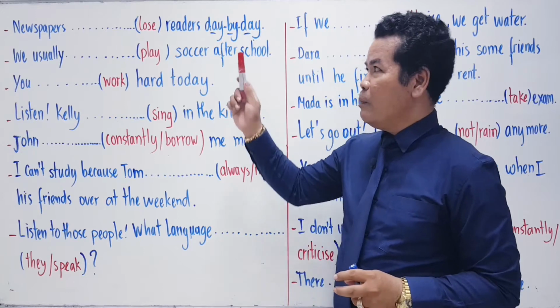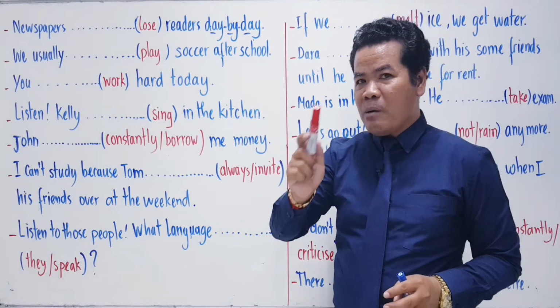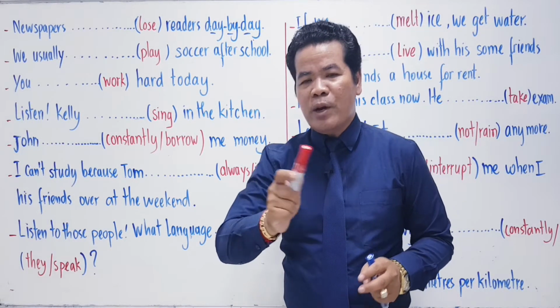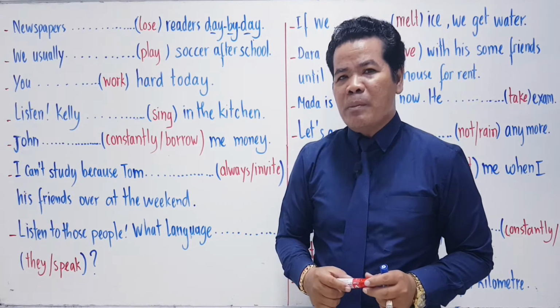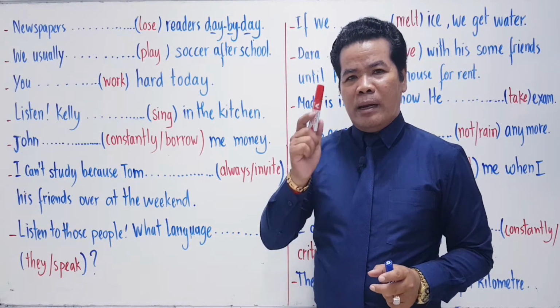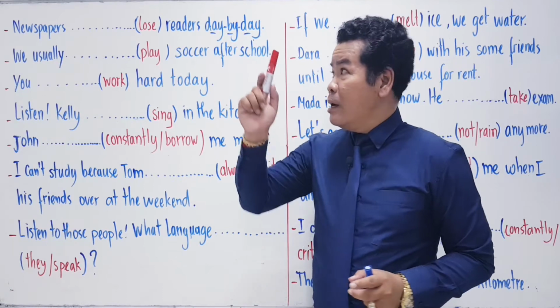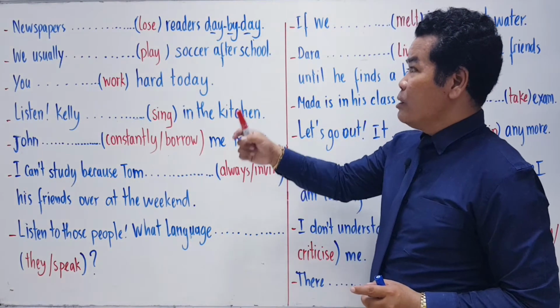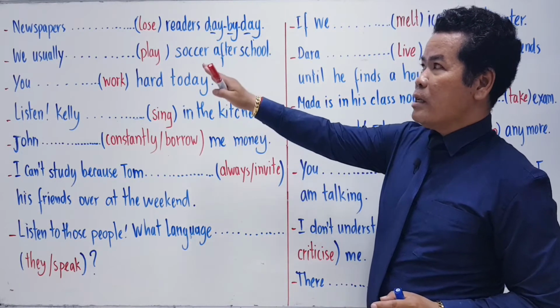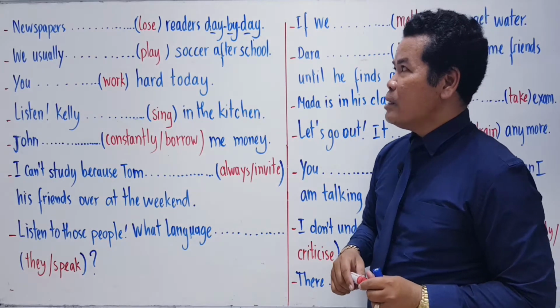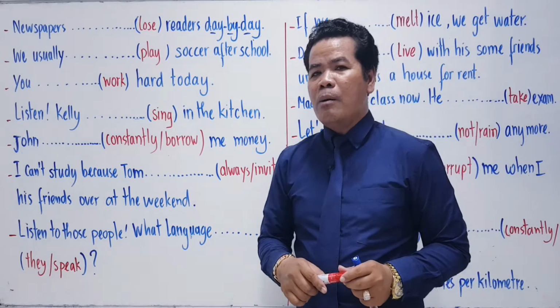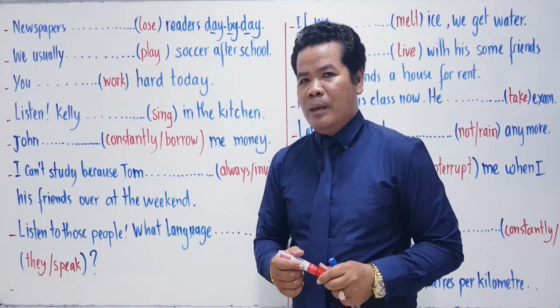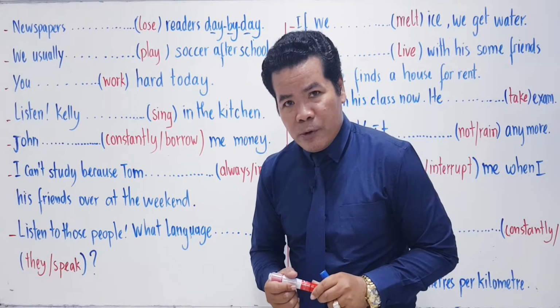So, look at this one. We talk about a changing situation. You remember that? So when we have a changing situation, what do we use, present simple or present progressive? It must be the present progressive.